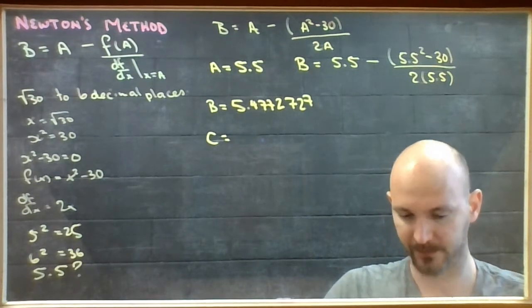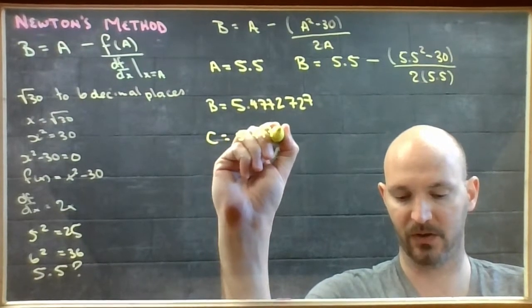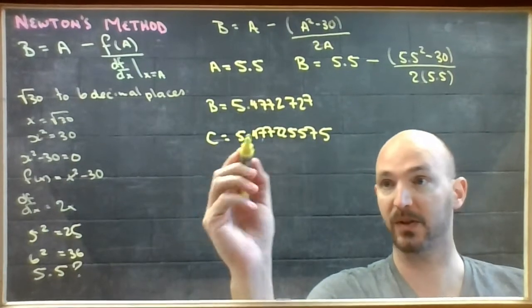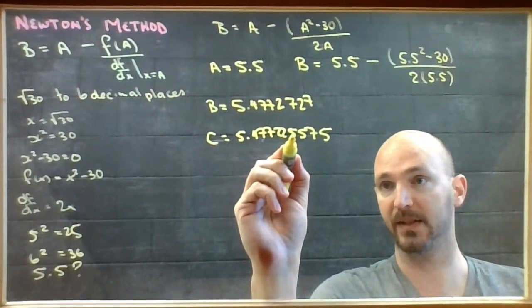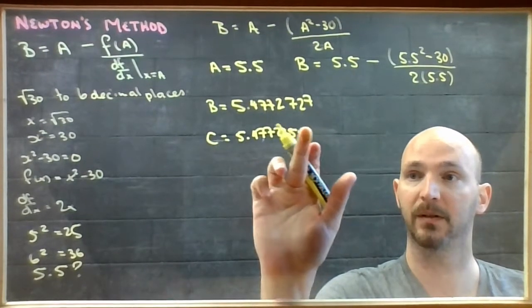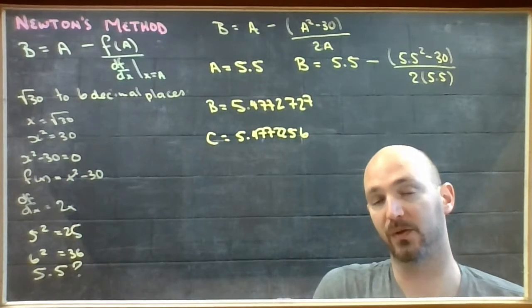I get 5.477225575, and I'm supposed to keep 1, 2, 3, 4, 5, 6 decimals plus 1 more. Round that up to this: 5.4772256.